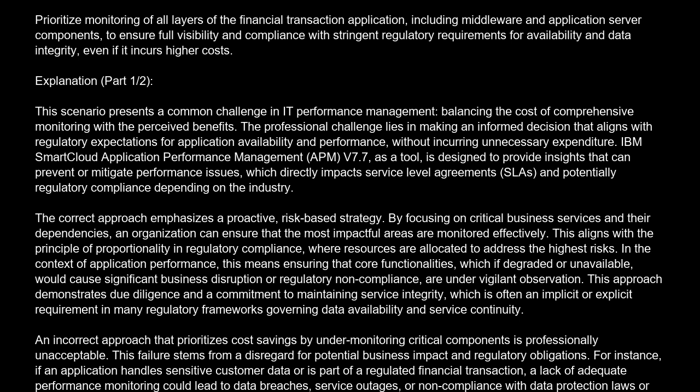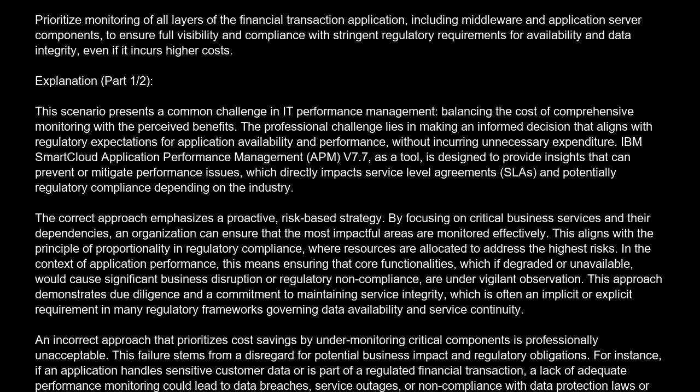The correct approach emphasizes a proactive, risk-based strategy. By focusing on critical business services and their dependencies, an organization can ensure that the most impactful areas are monitored effectively. This aligns with the principle of proportionality in regulatory compliance, where resources are allocated to address the highest risks.